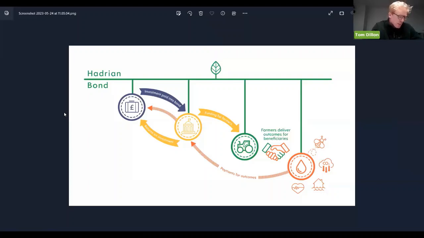The environmental impact bonds were being issued to raise finance for slightly riskier, untrialed approaches on the ground, which public money was slightly more averse to investing in.